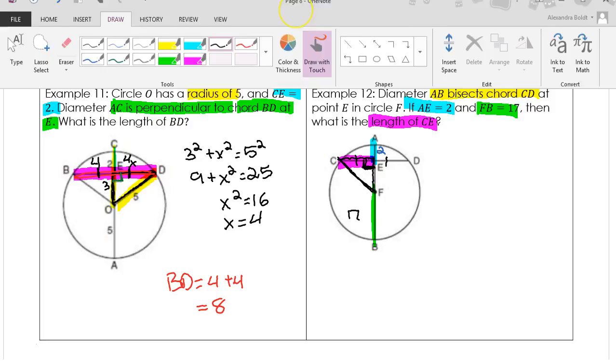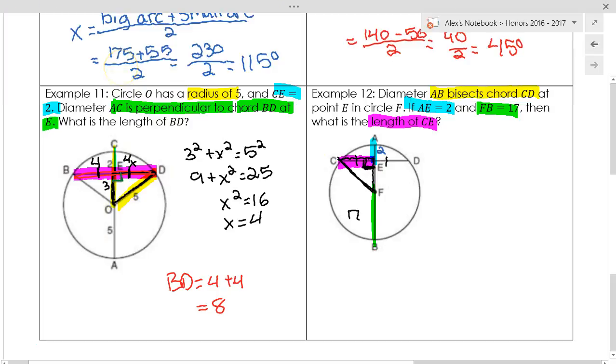CF is a radius, just like FD is a radius, so that's 17. AF is a radius as well. It's also 17. This part's 2, then this part's 15.